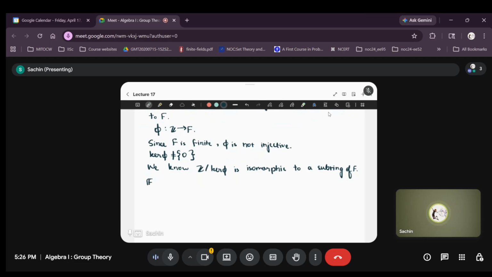All these things, if you don't understand, it's okay. We'll come back to it later. Since F is a field, this means F is an integral domain.